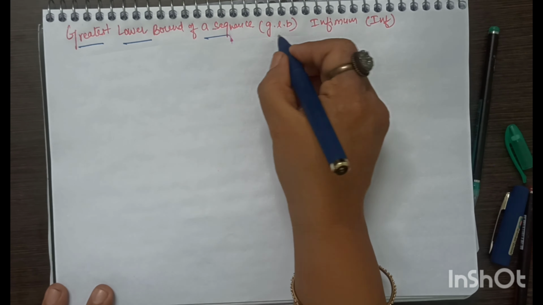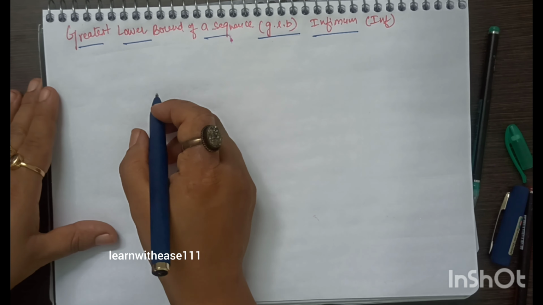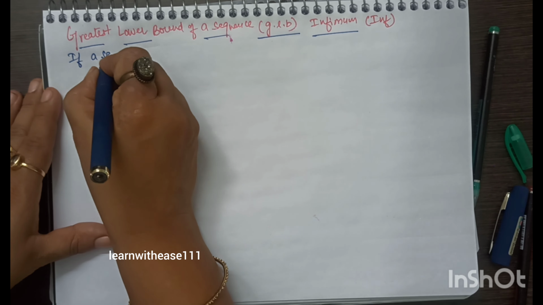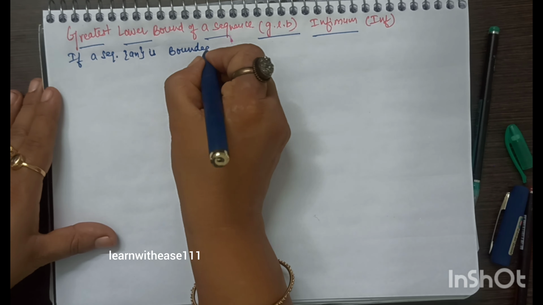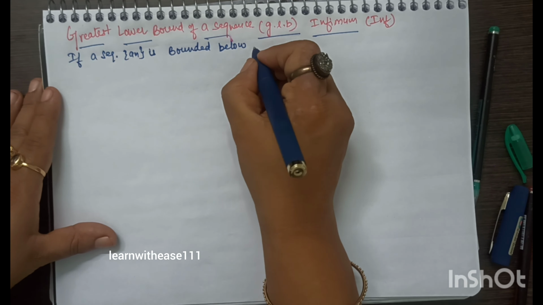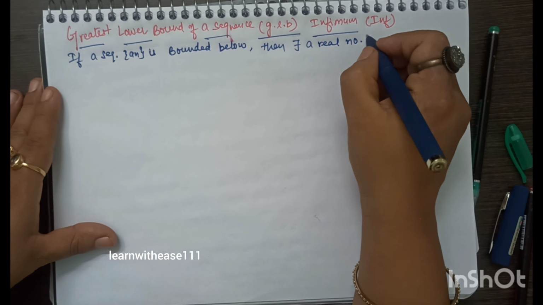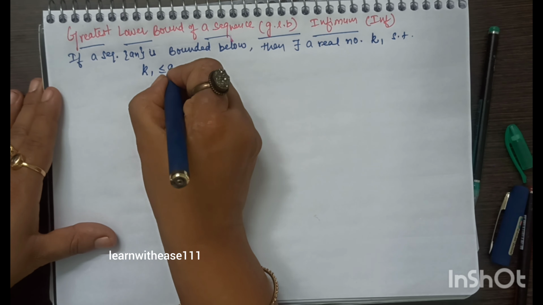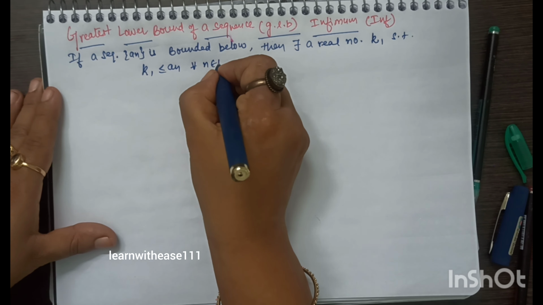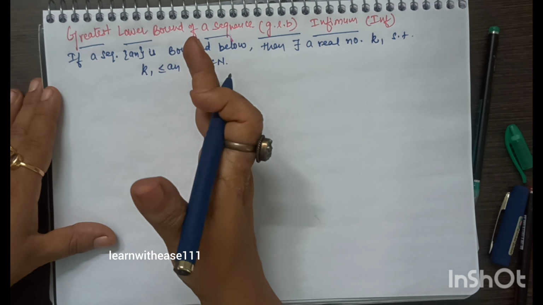So next is the greatest lower bound of the sequence, or GLB, infimum, INF. If a sequence is bounded below, then it has a lower bound. There exists a real number small k1 such that k1 is less than or equal to a_n for every n natural number.